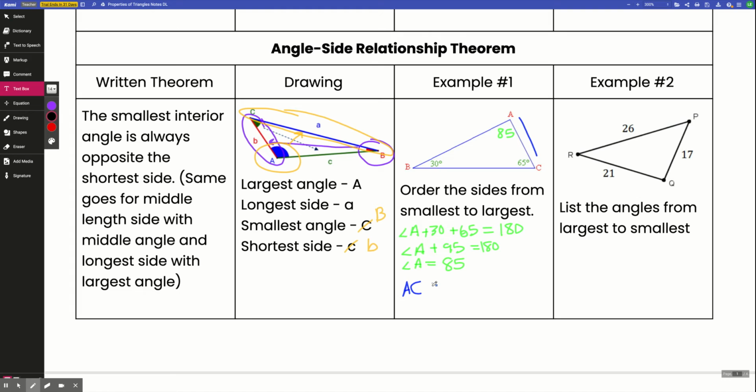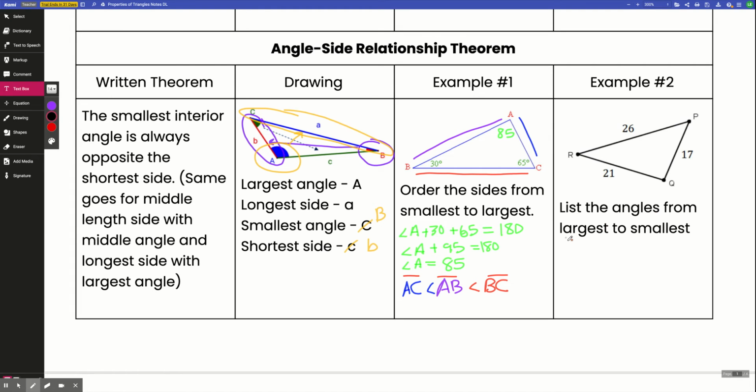So AC is the smallest side, so that's less than the medium length side, AB, because that's across from the middle angle, which is less than the longest side, which is this one, BC. And really I should put little line segments over the top of those so that we know we're talking about line segments. There you go, easy peasy, smallest to largest. All right, let's look at example 2, which goes in the opposite order.